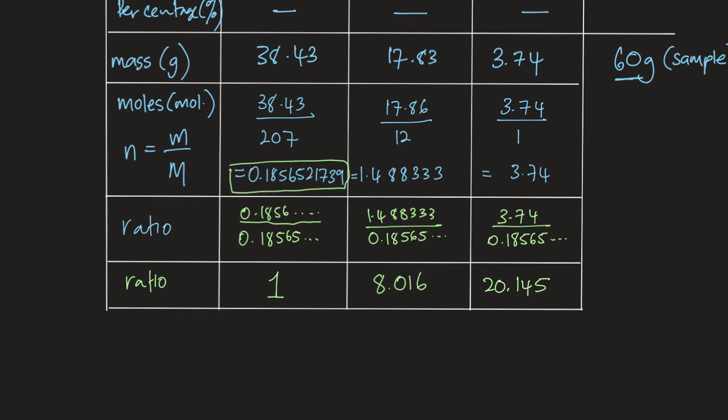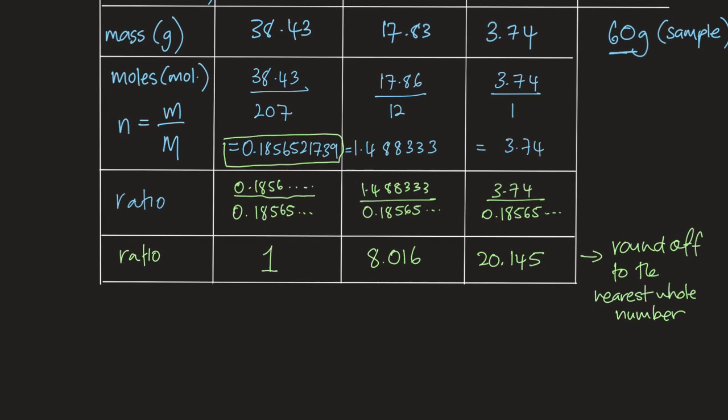Okay, so what I want now with these ratios is to round off always to the nearest whole number. So I'm showing you different kinds of scenarios. Different scenarios have different problems, right? So over here, my simplest ratio is 1, 8, and 20.